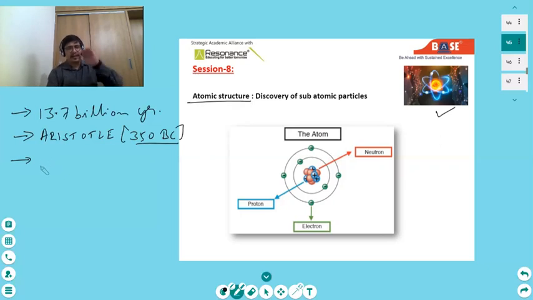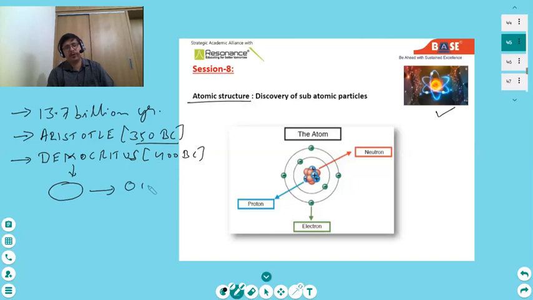The next in the timeline of atomic history was Democritus. Around 400 BC, he came up with the idea of the atom. He said, suppose you take a stone and break it into small pieces, then break those pieces further into smaller pieces, again and again.